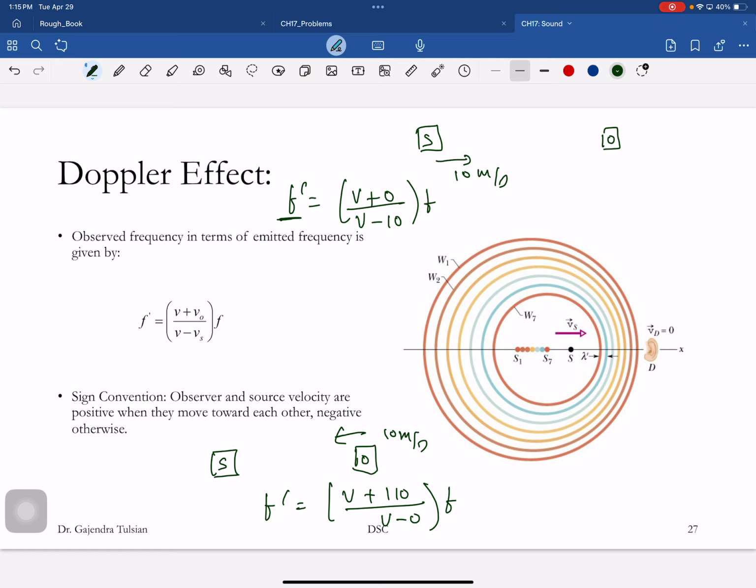Frequency will be higher. Okay, will you hear a higher or a lower frequency? Higher. Higher frequency, okay.